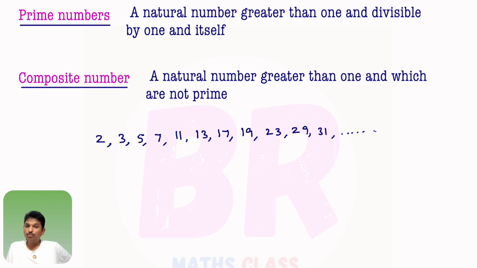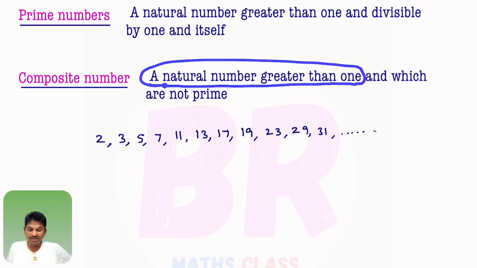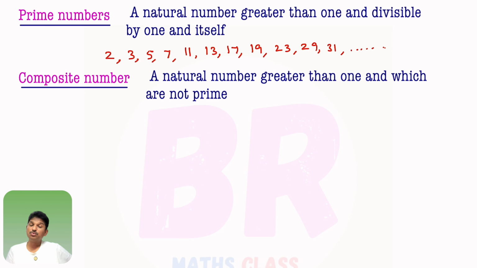What are composite numbers? A composite number is also a natural number greater than 1 which is not prime. Is 1 a composite number?